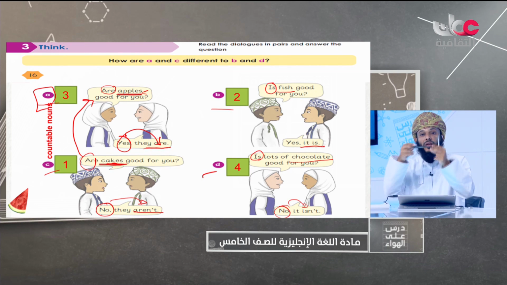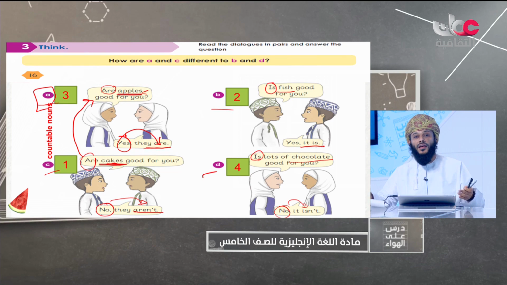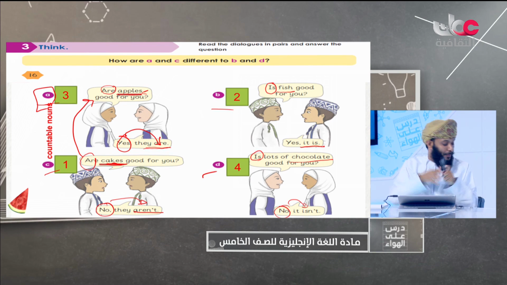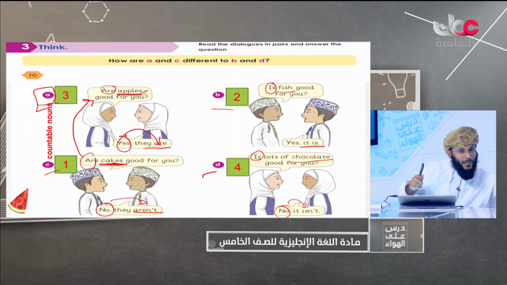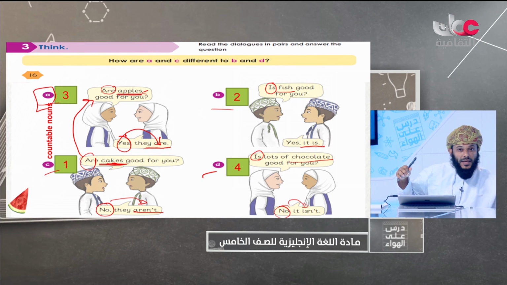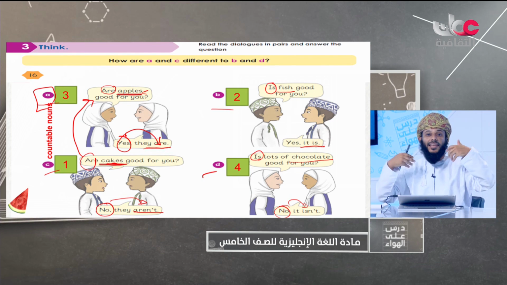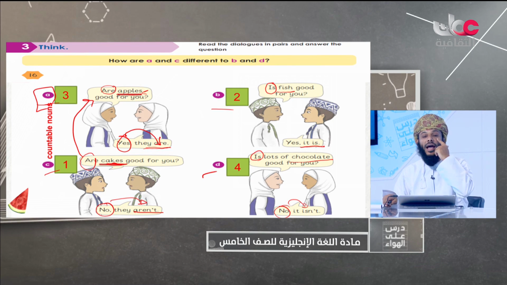Like this one, we have 1 pen, 2 pens, 1 computer, 5 computers, 1 book, 3 books, 1 bag, 5 bags, 1 dishdash, 10 dishdashes, 1 eye, a million eyes.